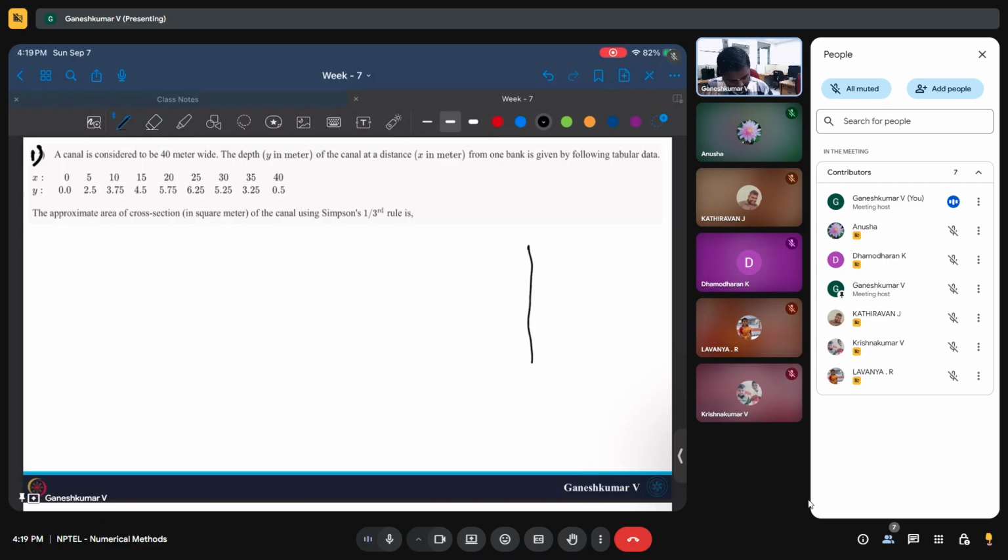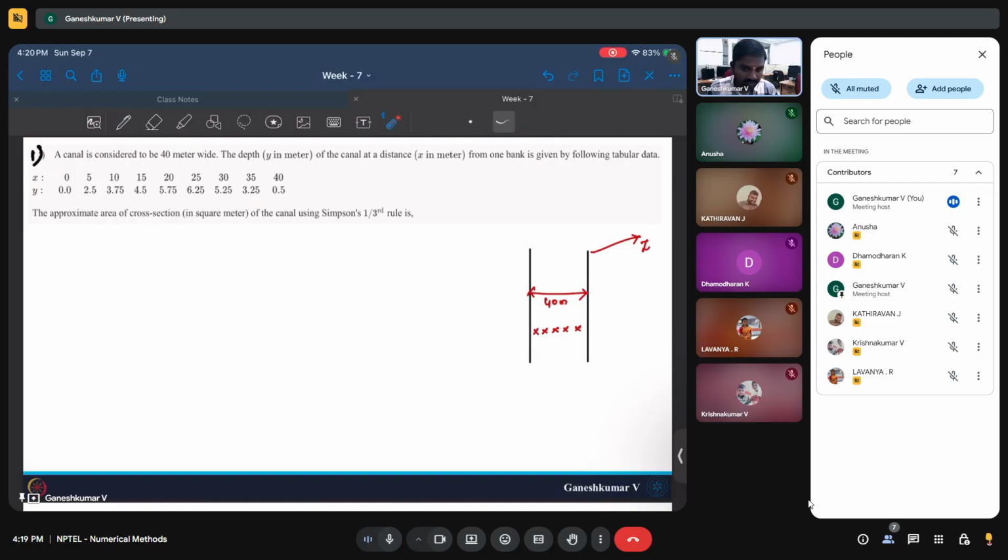Let's say this is your canal. From one side to the other side, this is 40 meters. They have used probes to record the depth. Let's say this is in the z direction. They have used probes to record the depth, and this is the data they recorded.